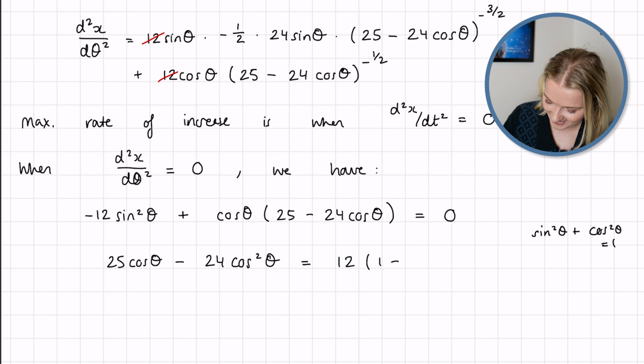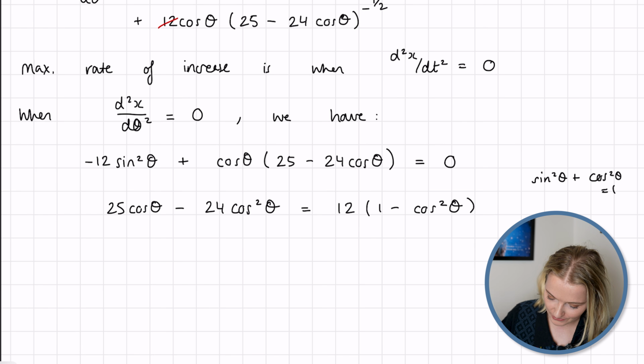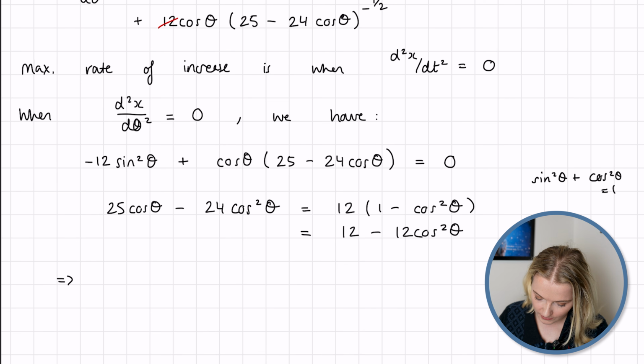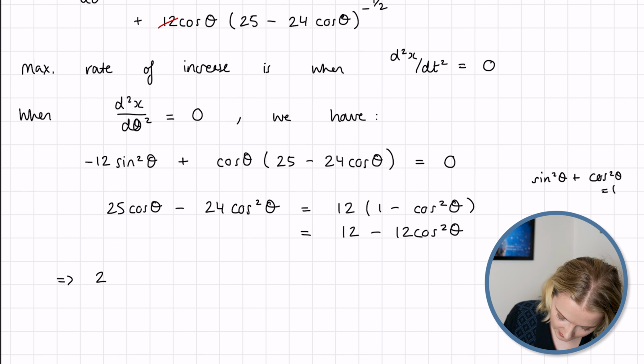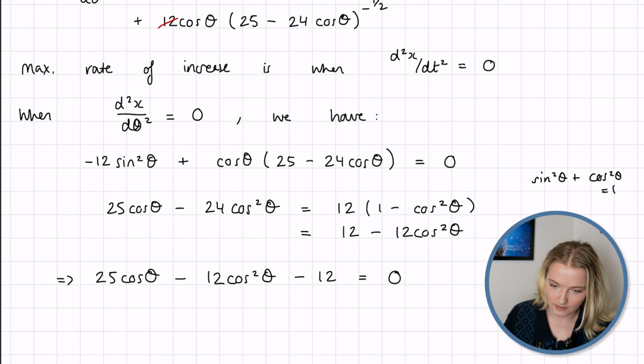God, there's so many words in this. 1 minus cosine squared theta. Okay. So then what we end up with is, this is the same, but we'd have 12 minus 12 cosine squared theta. So we would take the minus 24 cosine squared theta on this side, and we'd end up with 25 cosine theta minus 12 cosine squared theta minus 12 equals 0.